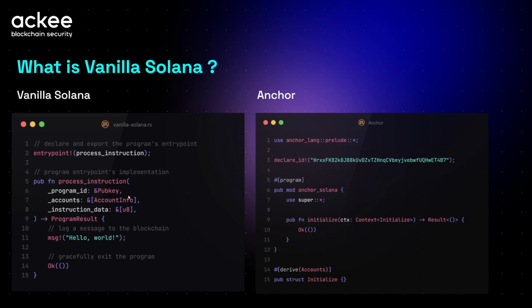Let's say your program expects a third account to be the Metaplex program, you need to perform such a check that the account is executable and the address actually corresponds to Metaplex. And the same goes for the instruction data.